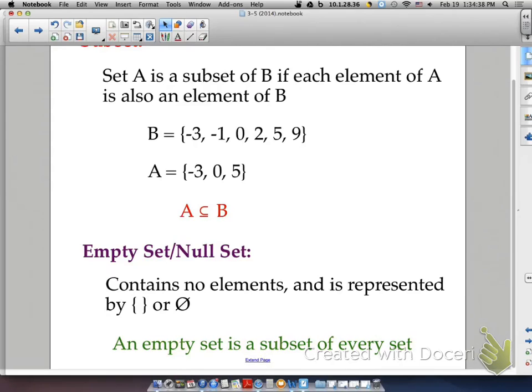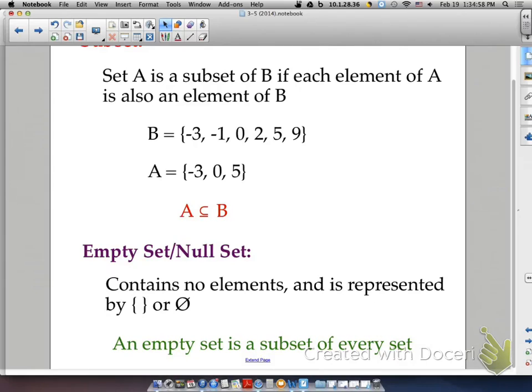Annie? So for the top of the page, could -3 be a subset of B, or does it have to be more than one number? You tell me. The word set kind of implies that it's more than one number.